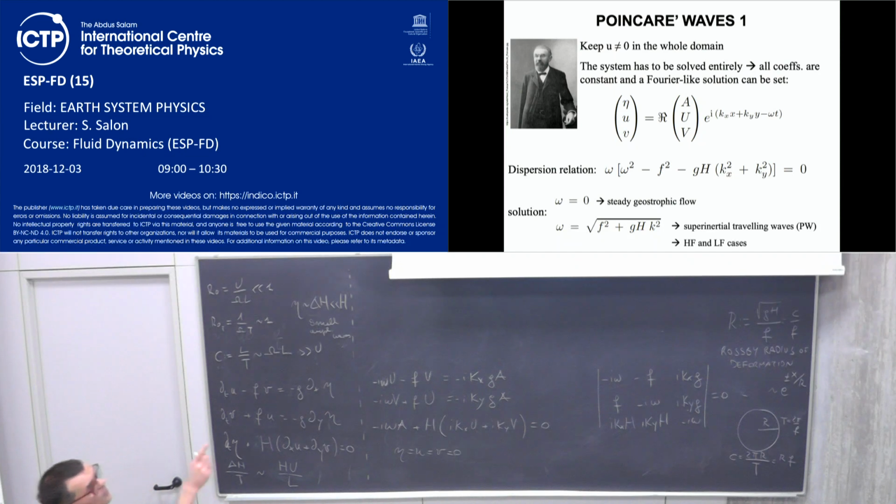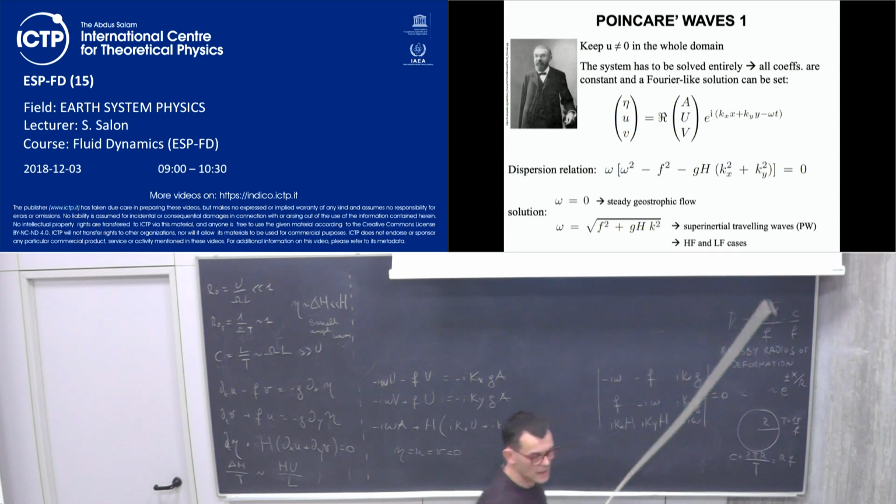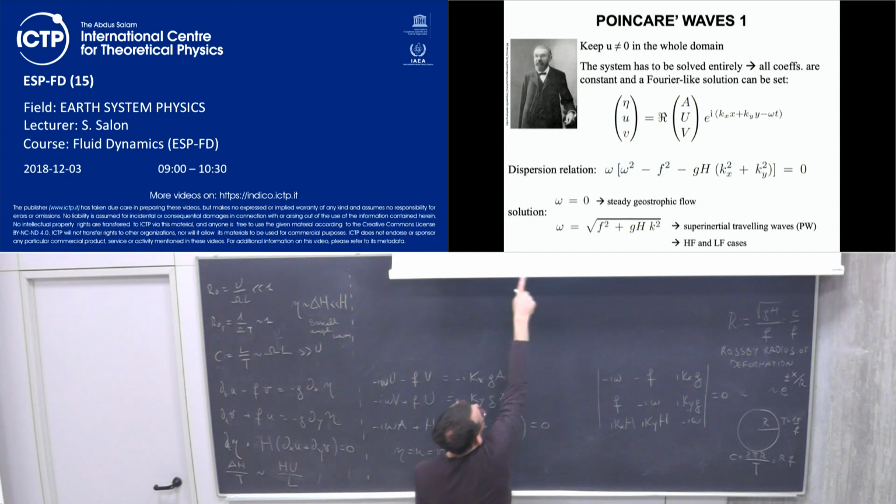Because if we consider omega equal to 0, our solution becomes steady, independent of t, and our system, if we neglect the terms related to t, simply becomes a pure geostrophic flow. Okay. The other solution, which is more interesting, is this one.